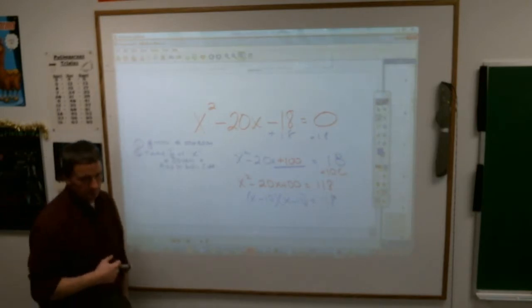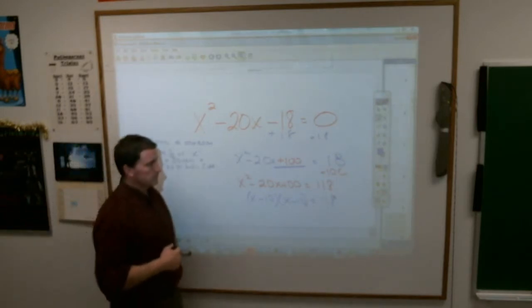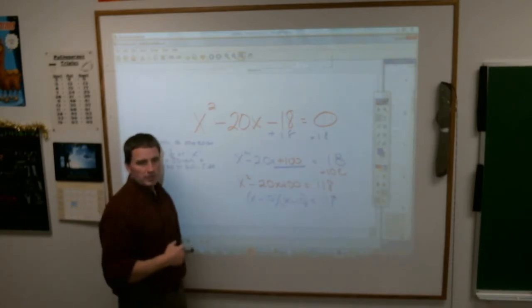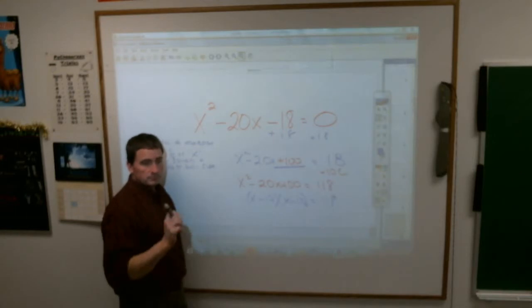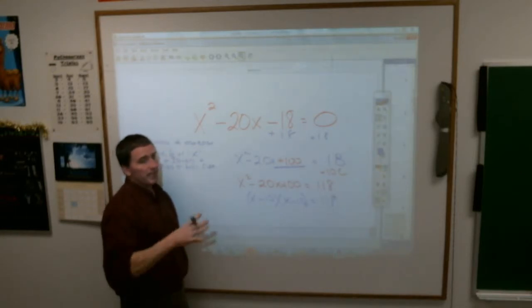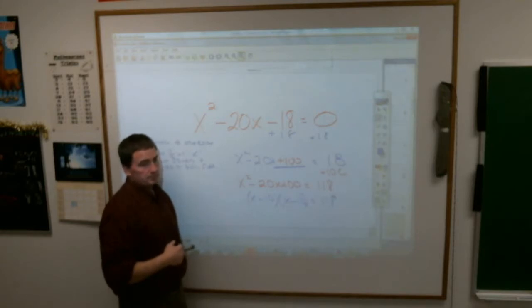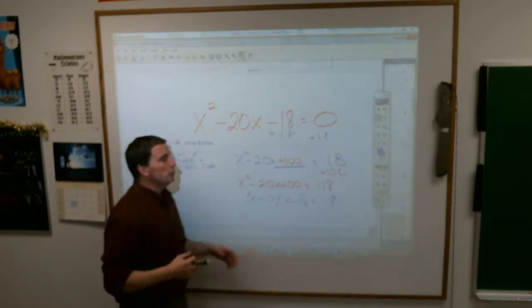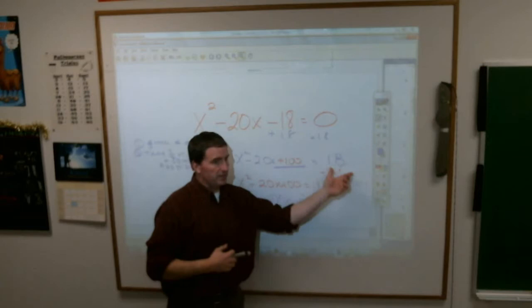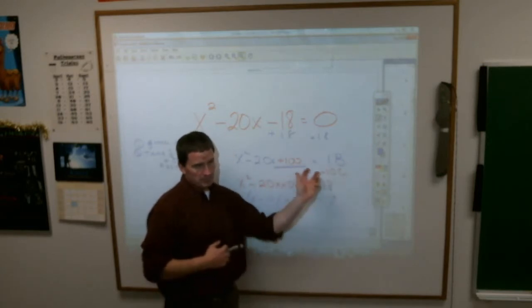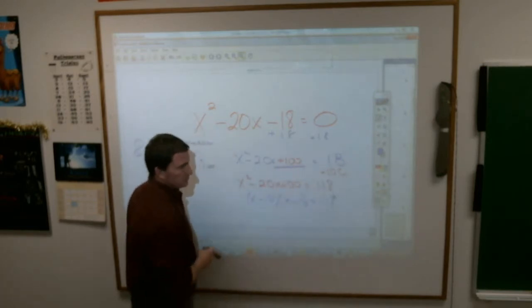But why did you get, you did plus 100 there and wouldn't you minus that? No, I'm adding 100 to both sides, I'm keeping it balanced. I'm not moving this 100 from one side to the other, I'm adding it to both sides. Wait, how did you get 100?